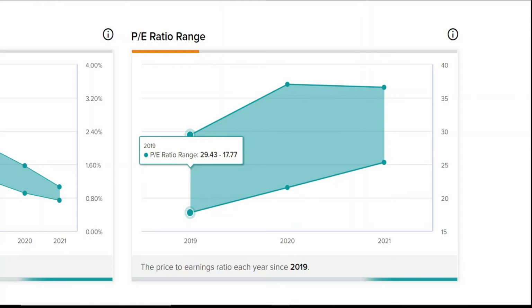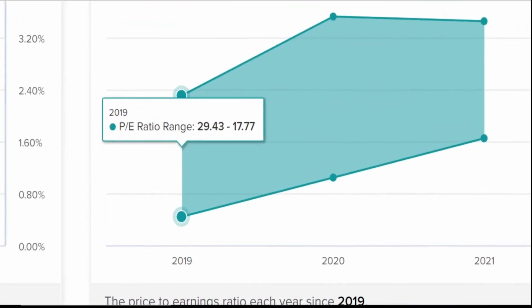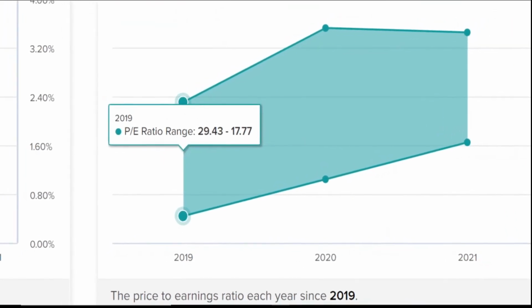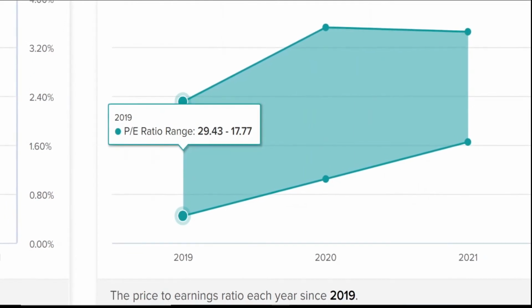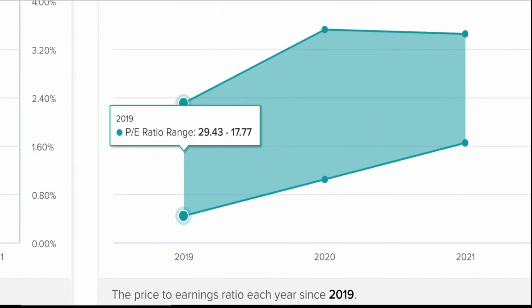So you see over here in 2019, some people did pay a very high price for the value that they got, which was a PE ratio of 29.43, and some savvy investors scooped it for a PE ratio of 17.77.